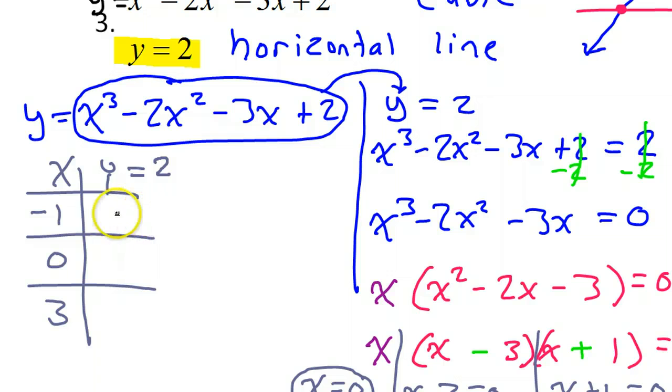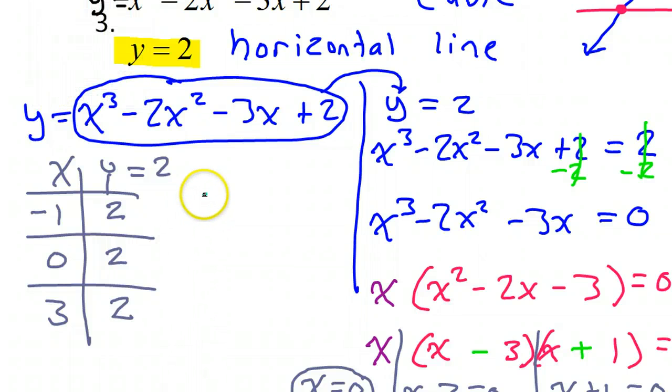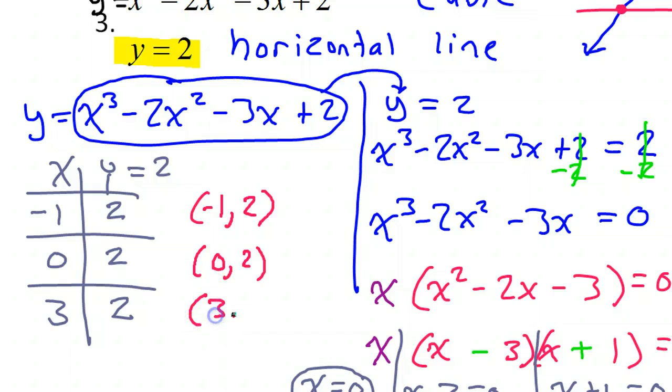Well, that means y equals 2 no matter what. 2, 2, 2. So right away we get our 3 solutions. Our 3 solutions are negative 1 comma 2, 0 comma 2, and 3 comma 2.